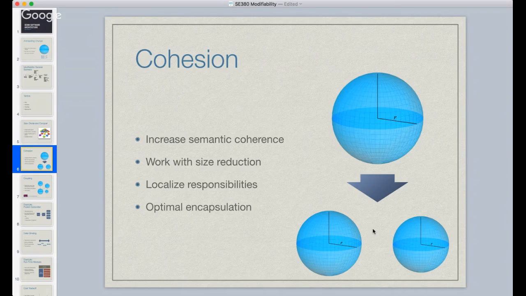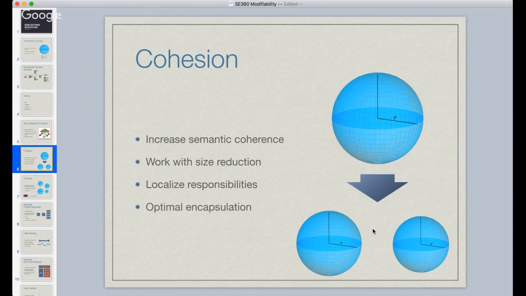And those behaviors and that data are closely related, because it's specifically those behaviors that are needed to change the state of that data, and that data is related conversely to those behaviors, because it can only be changed by those behaviors. And so objects, both in the very small and in the very large, are a good way of capturing the notion of cohesion.